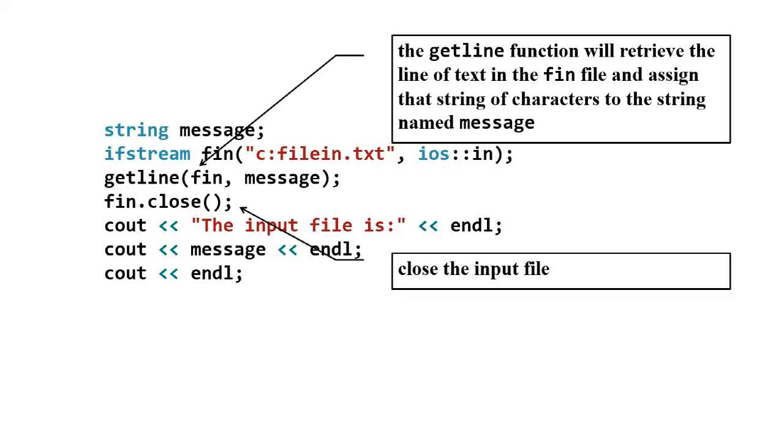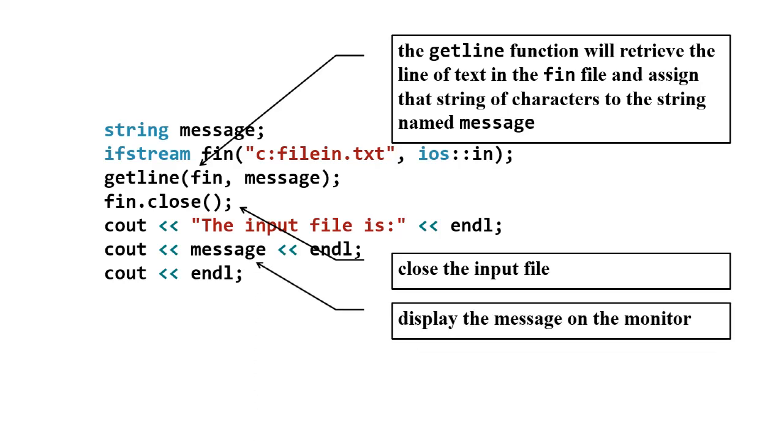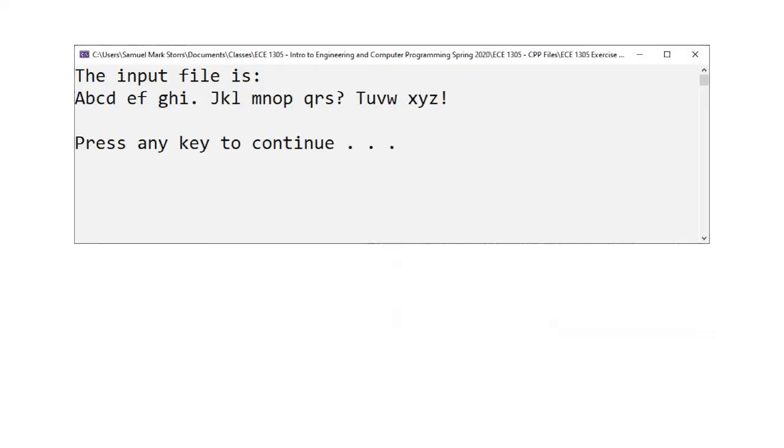After the message is read into the program, the input file is then closed. You can easily display the message on the monitor simply by cout and then directing the message to the console output, followed by an endl, and you can easily display the text on a monitor.